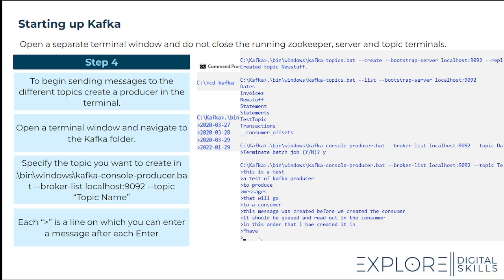And what is really cool about Kafka, and you'll see in a moment, is that once we've created the consumer, we will be able to actually see all of these messages, and they should be in this particular order. This is a test of Kafka producer to produce messages that will go to a consumer. This message was created before we created the consumer, it should be queued and read out in the consumer in this order that I have created it in, with the spelling correction of have.